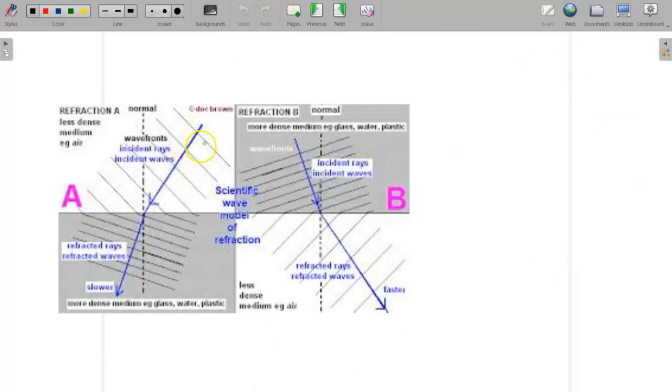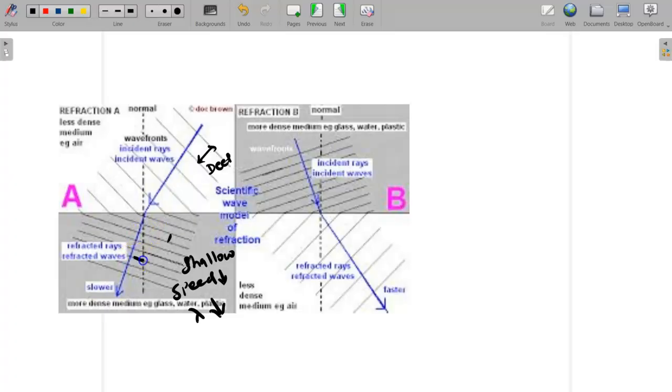Now you can see the spacing between the wavefronts is bigger, so it is a deep region. The spacing between the wavefronts is smaller, so it is the shallow region. In the shallow region, speed decreases, wavelength decreases.